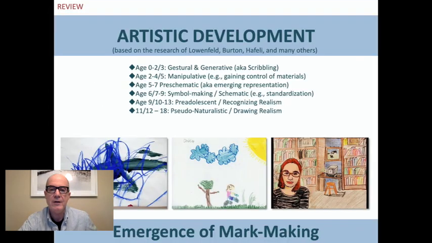And here on this slide, one more time, is a repeat of the basic categories, the basic phases, what they're called, and how they lay out in terms of age, more or less, at least generally.